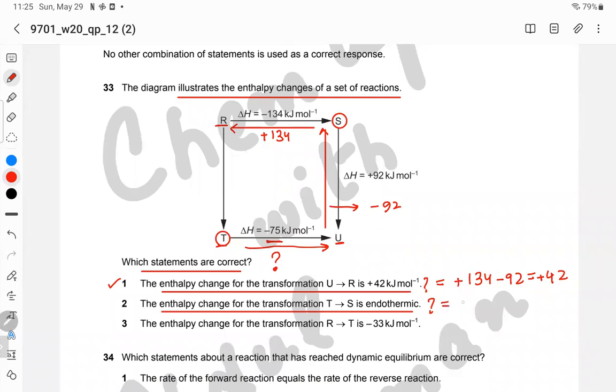So I will again add both of these changes. Yes, Tisha, you are right. Very good. So it will be minus 75 plus minus 92. Both are negative values, so I will get the answer in the negative, which makes the second statement wrong.